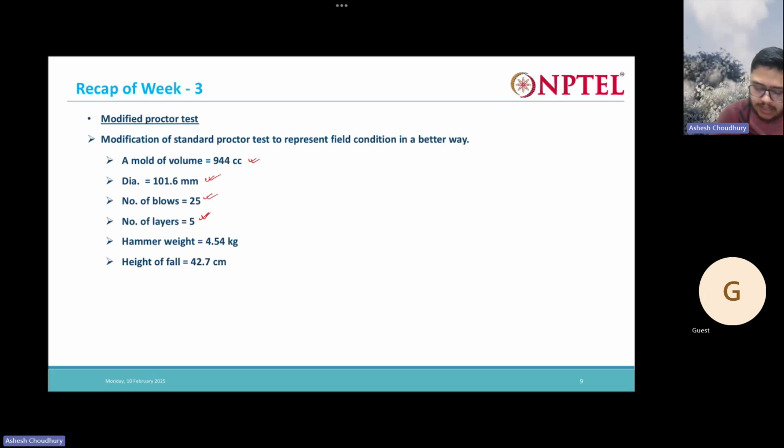Also the hammer weight has now increased from 2.5 kg to 4.54 kg, and the height of the fall is also increased to 42.7 centimeter. You can see, right? So more compactive effort, or more mechanical energy, you are going to put, so that you can compact it more.